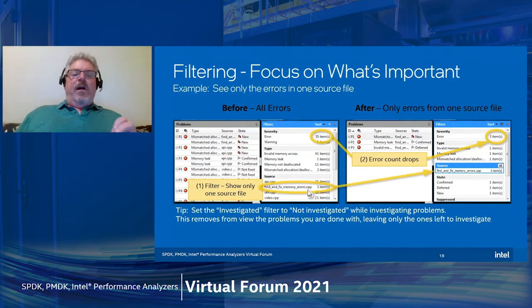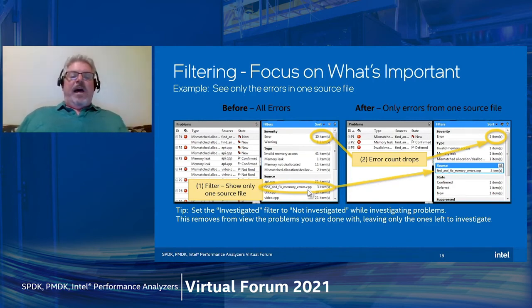Inspector has a really nice way of filtering problems. If you're dealing with a large application, you can come up with hundreds of errors. Inspector has a really nice way of focusing in on the errors that you're interested in. If, for example, you're working in a group and you only wanted to focus on a particular source file, you could select that source file and say, I only want to see errors that are coming from this source file.